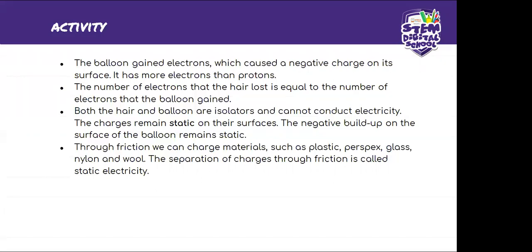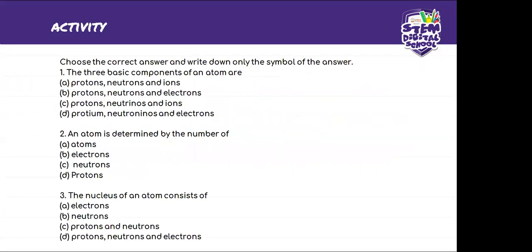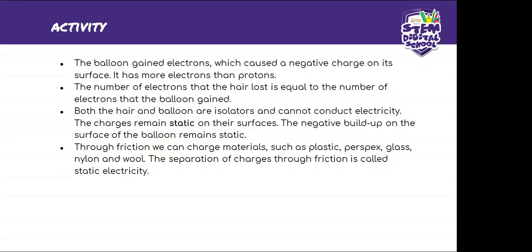Now let's go on. Some of you said you have already done that. All right. So it's a kind of revision from the previous grade because you just built up there. So now I want you to ask any question, or we go to the activities.